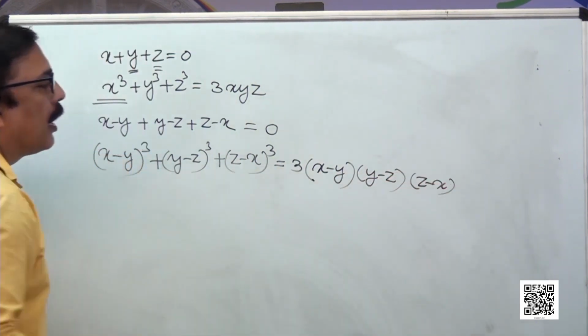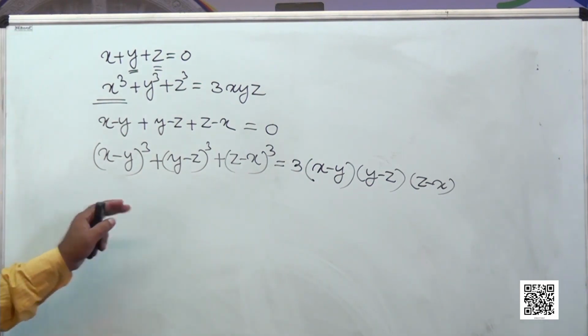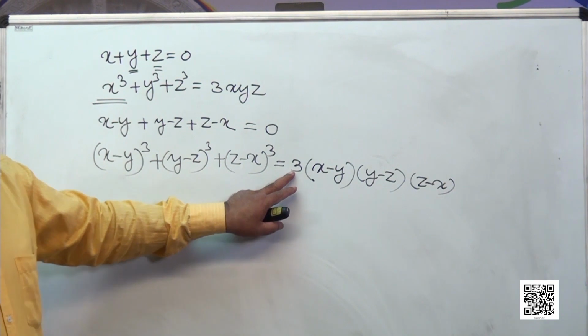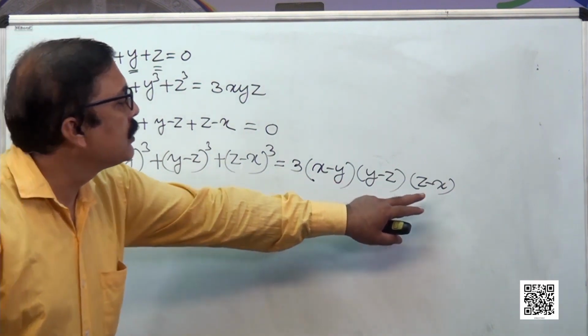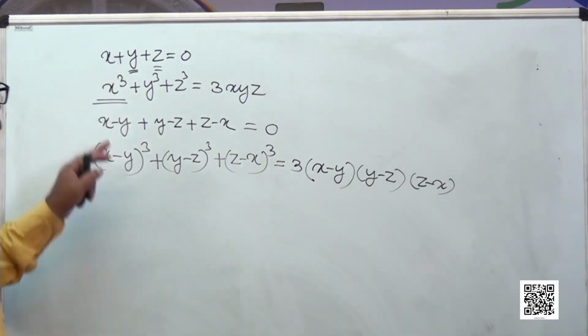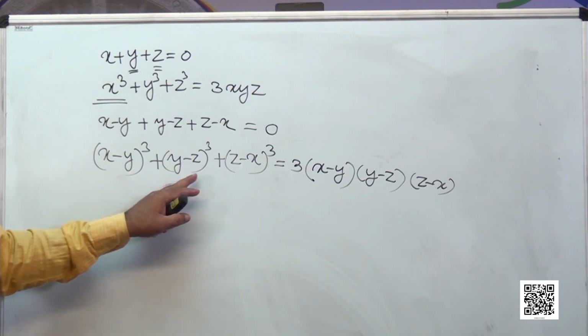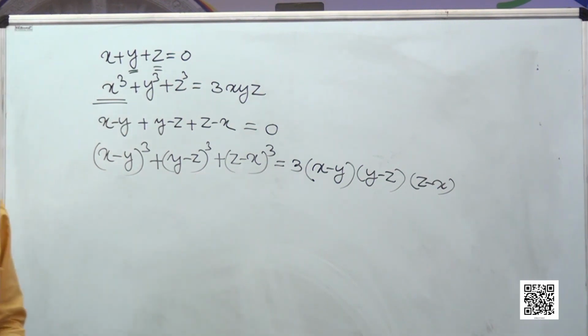See, here this whole polynomial is expressed as product of three linear polynomials. So these are the factors of this one, x minus y whole cube plus y minus z whole cube plus z minus x whole cube.